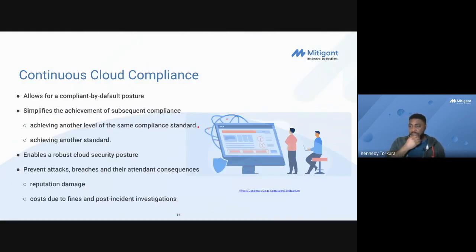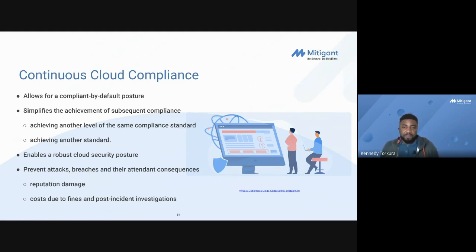All right, so I want to talk, on a last note here, about continuous cloud compliance, right? All the steps I've given before now are based on the fact that you're doing compliance in a one-time way. So you're not doing it continuously. You just prepare all the evidence for the auditor.